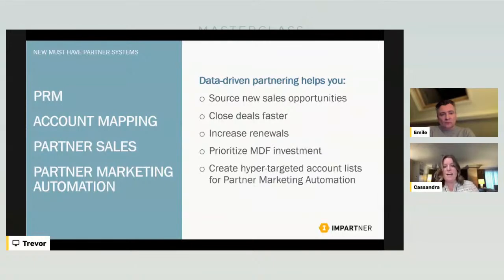So in the next few slides, I'll walk through the 5 ways that you can use all this detailed partner data that comes out of the system to really source new opportunities, close deals faster, increase those renewals, prioritize partners for MDF investments, and really create those hyper-targeted account lists for your channel marketing campaigns.